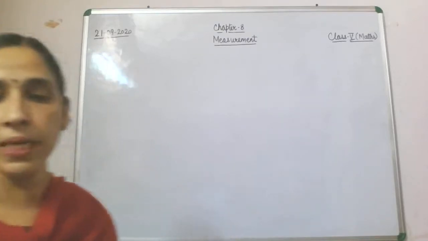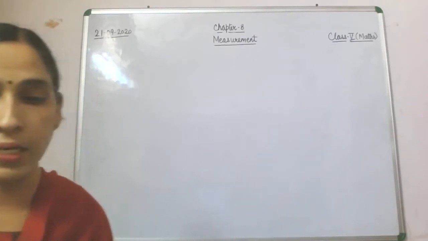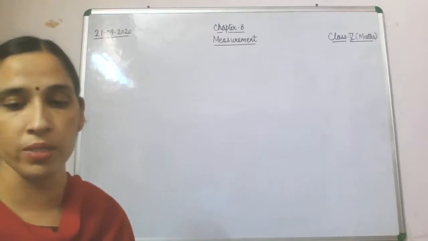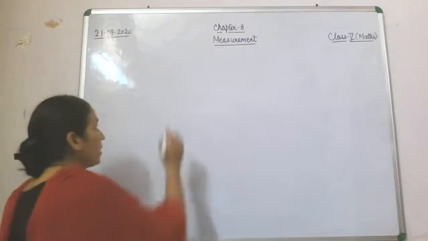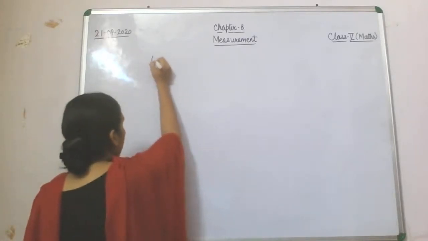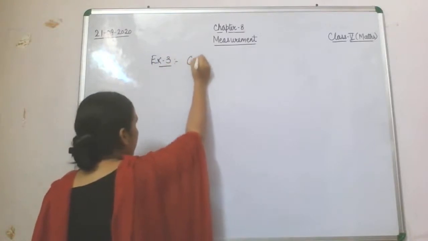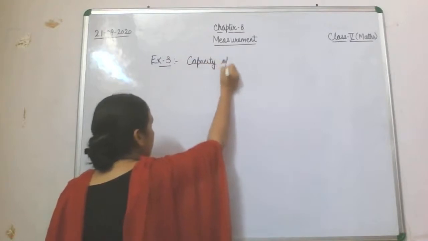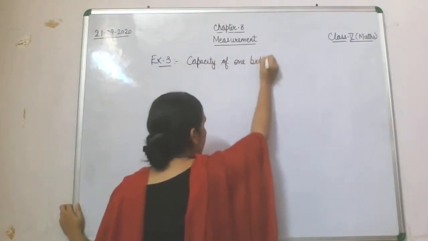Now example 3, a bottle can hold 750 ml ruafza in it. Now how much ruafza can be filled in 6 bottles? Fine. One and many concept is there. Now capacity of one bottle is given. What is the capacity of one bottle?